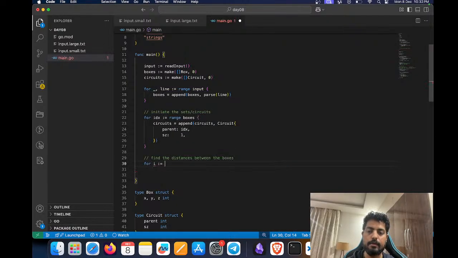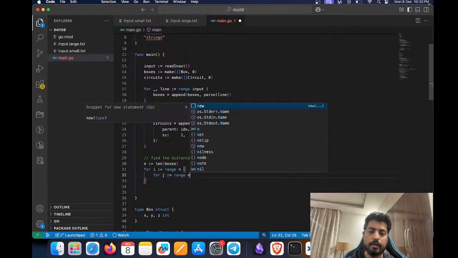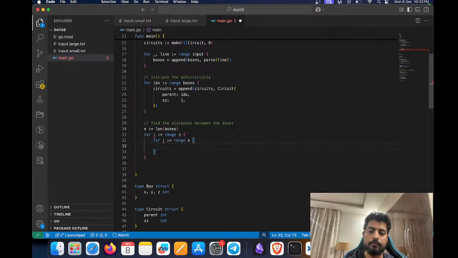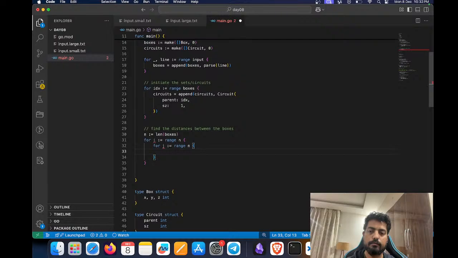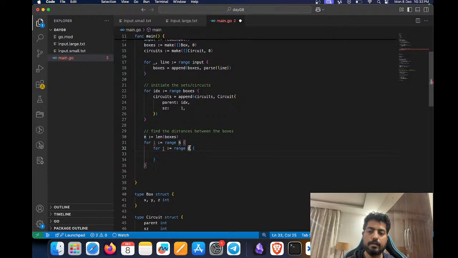For i equals range n, where n is the total number of boxes that we have. For j in range n, actually it is for j equals i plus 1, j less than n, j plus plus.